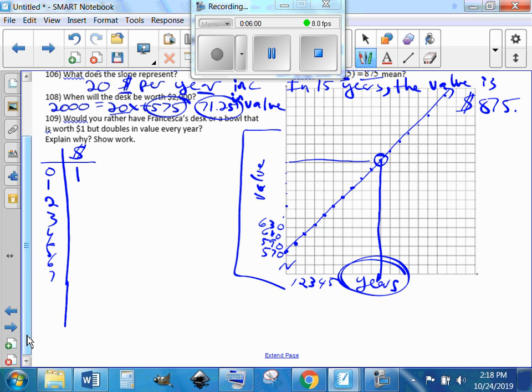Let's see what happens. So 1 doubles to 2, 2 doubles to 4, 4 doubles to 8, to 16, to 32, to 64, to 128, to 256, to 512, to 1024, to 2048. Okay.